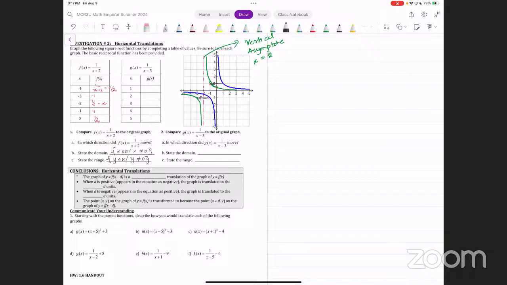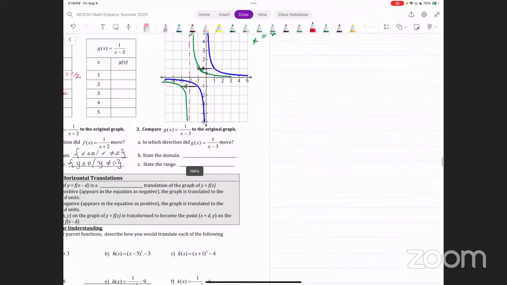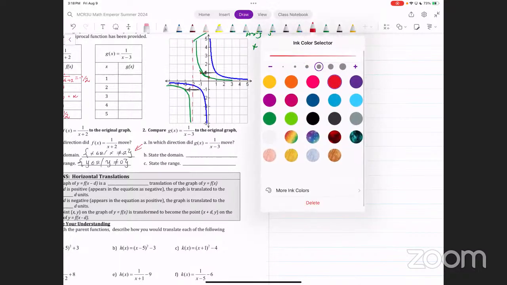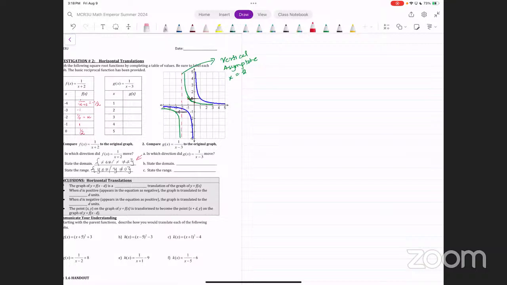Yep. So what do you get for the domain? Using the same idea, what do you think the domain is? So when you substitute 3, what do you get?